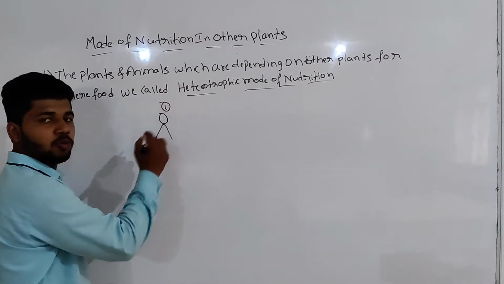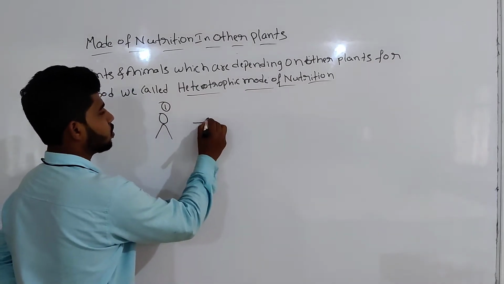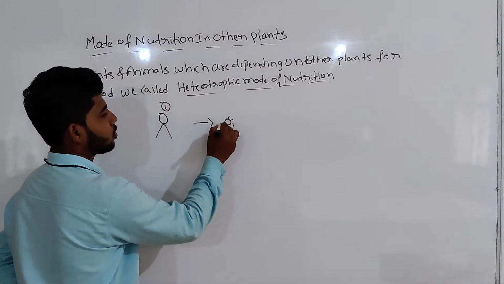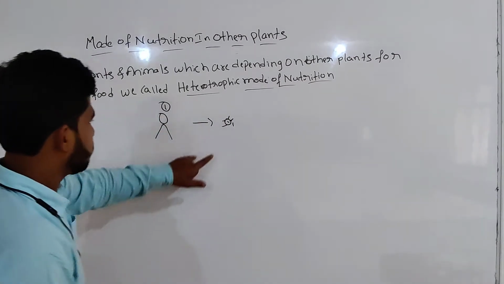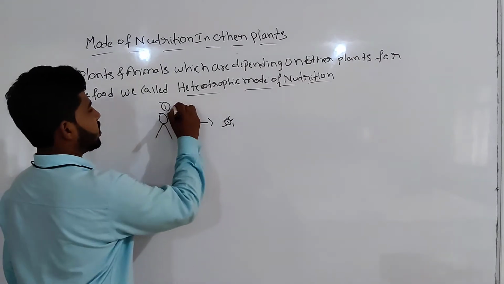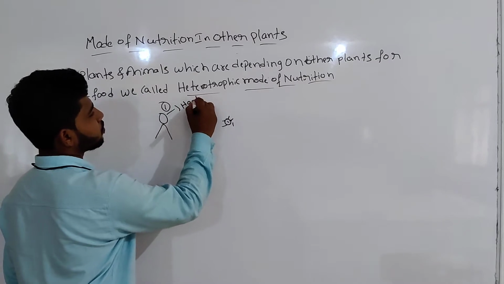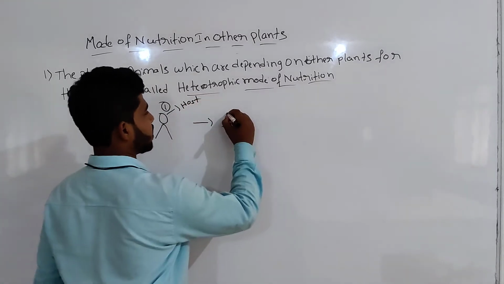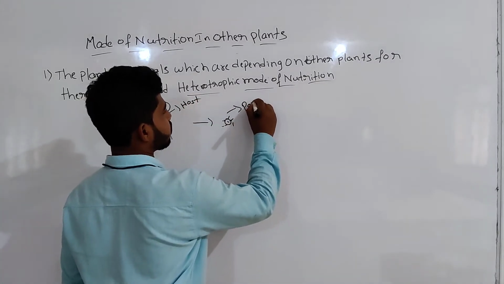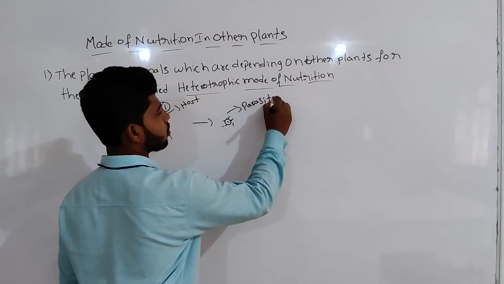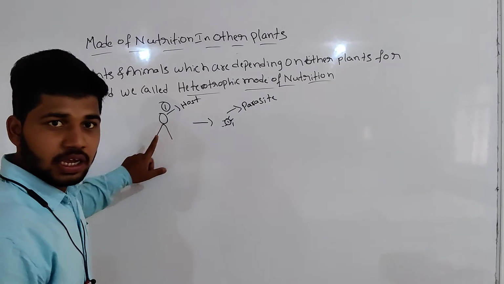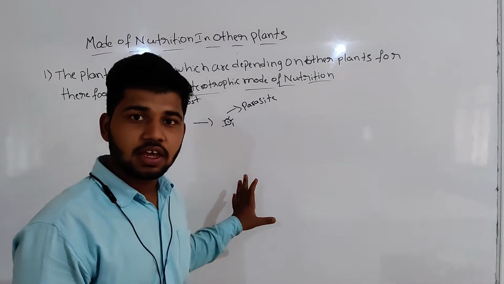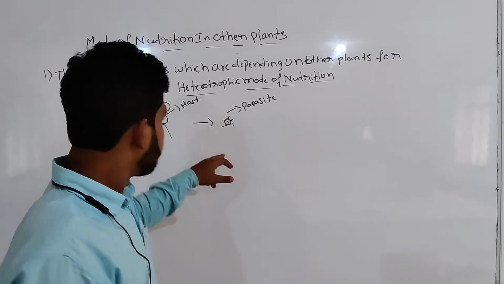This is one person, a human being, and it is a virus, and we call it a host, and it is the parasite. When the parasite enters the host, it gets the nutrients and minerals from the host.